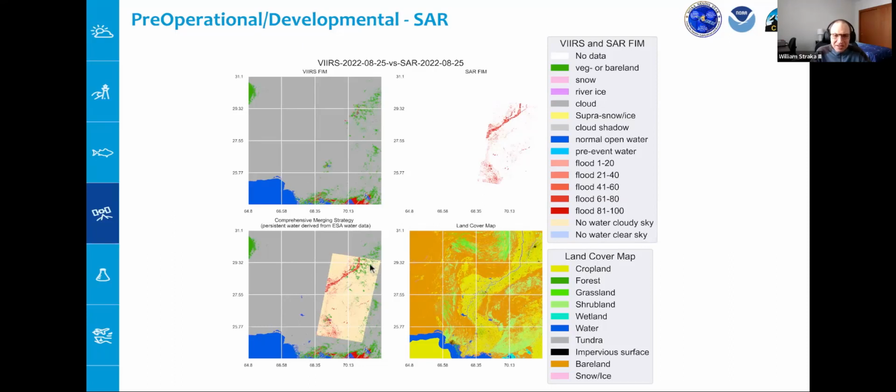And this can be seen even up here in some of the areas in the upper reaches of the river basin there. And then by merging, we can now get a more accurate picture of what's going on in the region. So again, combining the data sets. Again, this is very preliminary. The results are very promising.